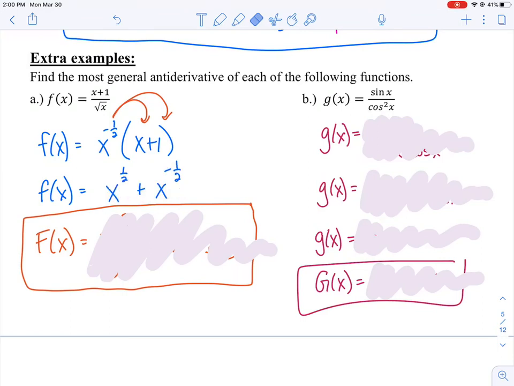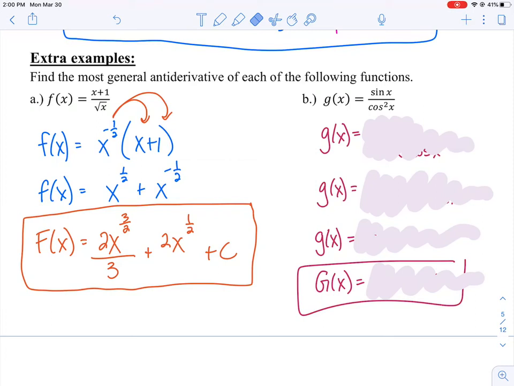So I end up with a new problem that has x to the 1/2 plus x to the negative 1/2. Now I should use my power rule, add 1 to the exponent, and divide by that new exponent. So I get an antiderivative of 2x to the 3/2 over 3 plus 2x to the 1/2 over 1 plus c.